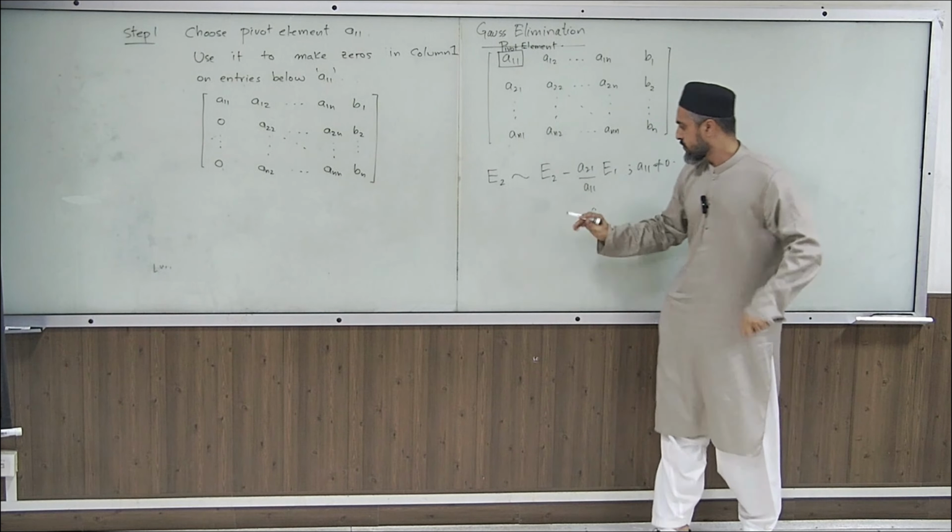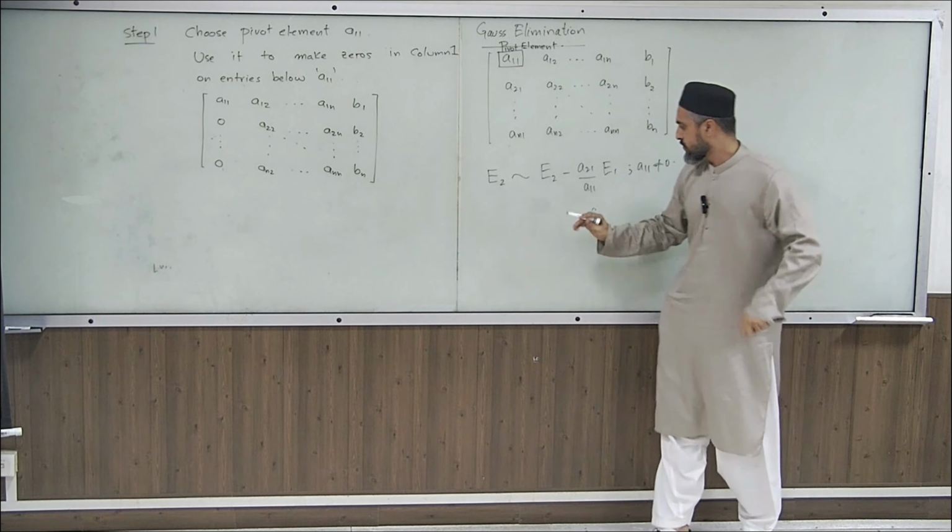Now you see the position is A31, and the corresponding position in equation 1 is A11. So this will be 0. So this operation will make the first element of the third row 0.